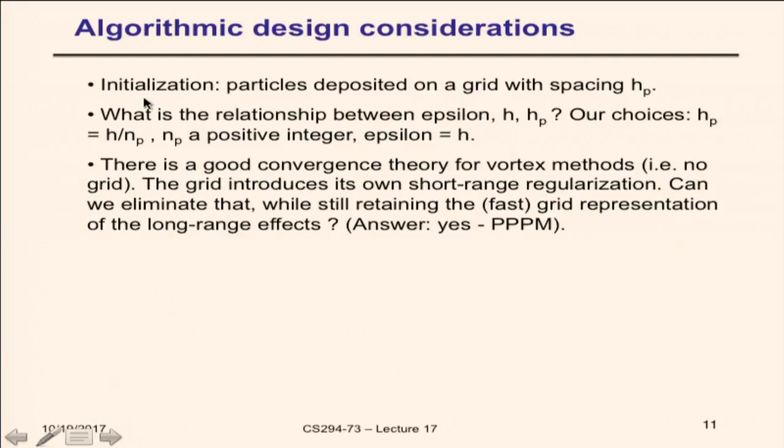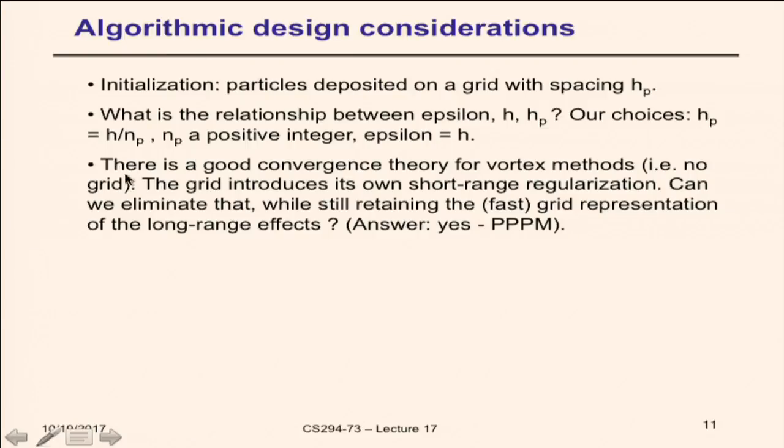So what is the relationship between epsilon, h, and h_P? Epsilon is the smoothing distance for our Green's function, h is the mesh spacing, and h_P is for our particles. Here are the choices we'll be using. h_P is going to be h divided by some positive integer, 2 or 4 typically, so order 1 particles per mesh point per direction. And then epsilon is going to be equal to h. So we'll use the same regularization that's implied by the grid to smooth out our Green's function as well.